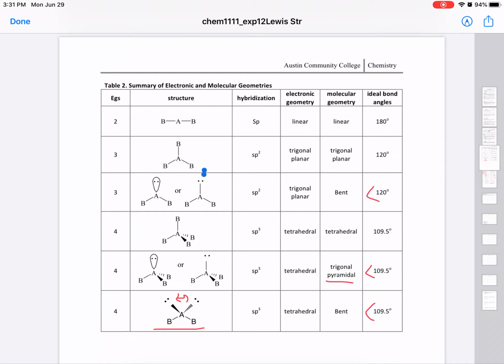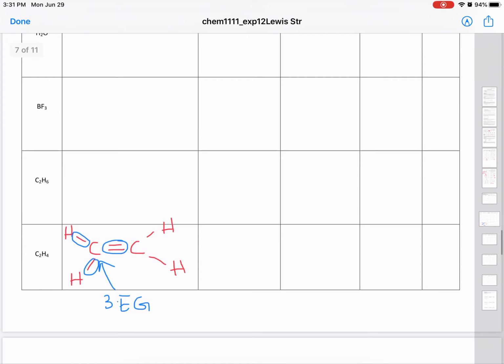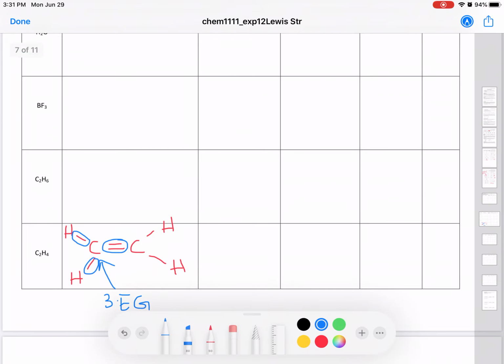So the hybridization is going to be sp2, and then the electronic geometry trigonal planar, molecular geometry also trigonal planar, when you have 3 electron groups and all 3 of them are bonds, no lone pairs. Okay, so this one, electronic geometry is trigonal planar.